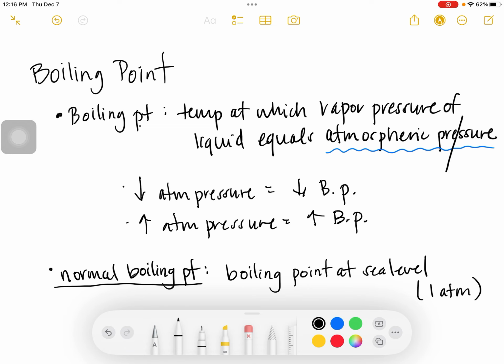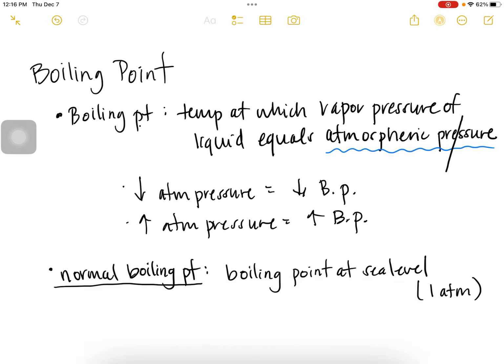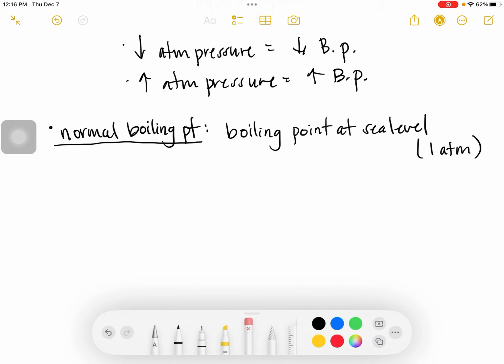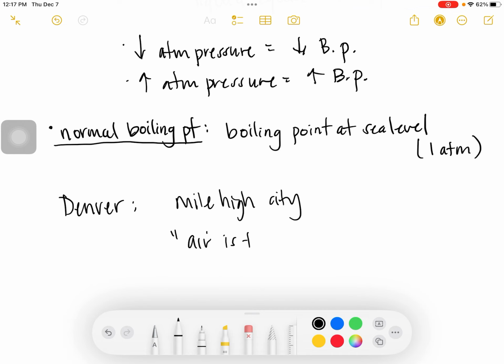So let's talk about what happens in Denver. Denver has a nickname, and the nickname is the Mile High City. And it's not by chance that it's called that. Denver is extremely high in elevation. And most people, when they're talking about Denver, will refer to a phrase that is the air is thin.